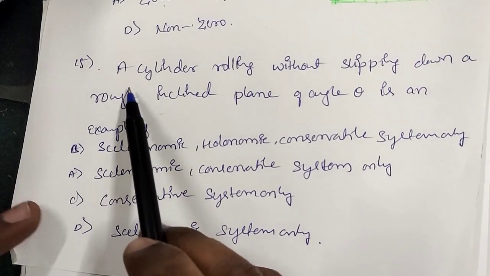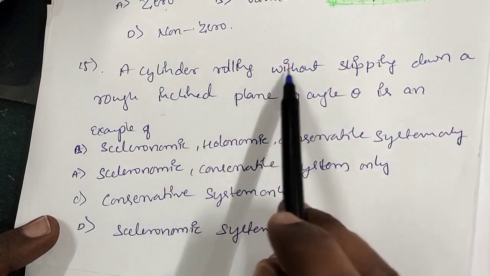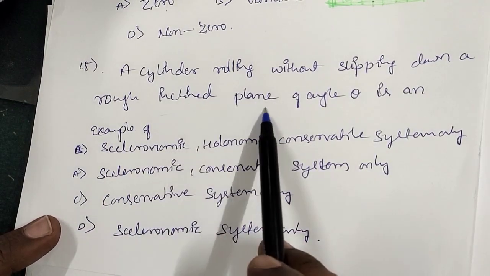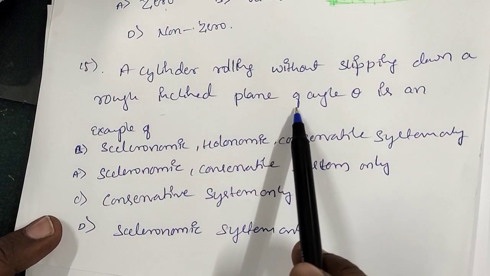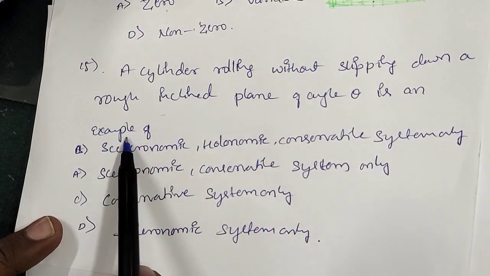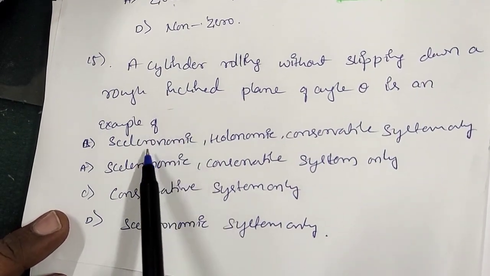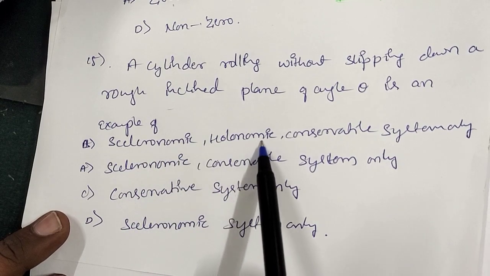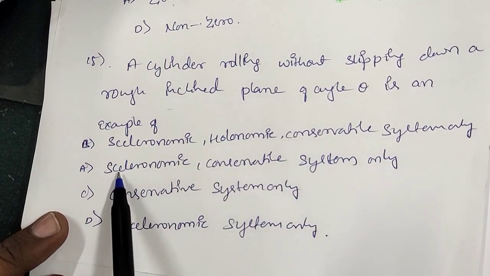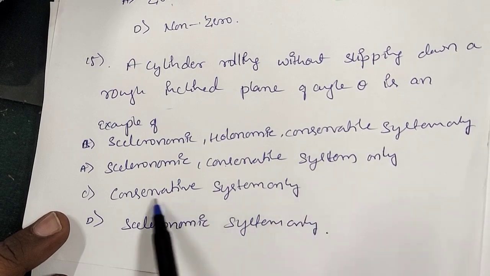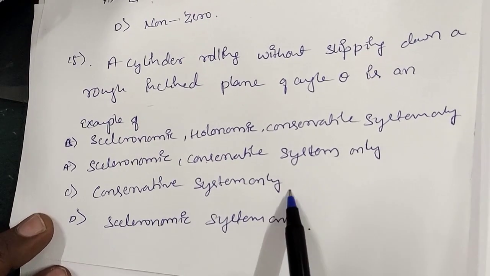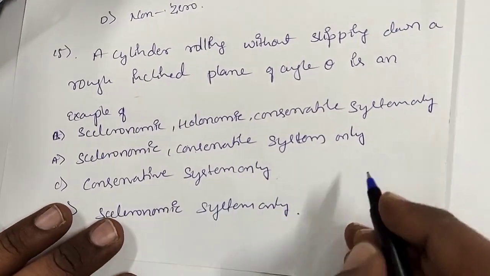Next is the 15th question. A cylinder rolling without slipping down a rough inclined plane of angle theta is an example of: scleronomic, holonomic, conservative system only; scleronomic conservative system only; conservative system only; scleronomic system only. So the question is like this.